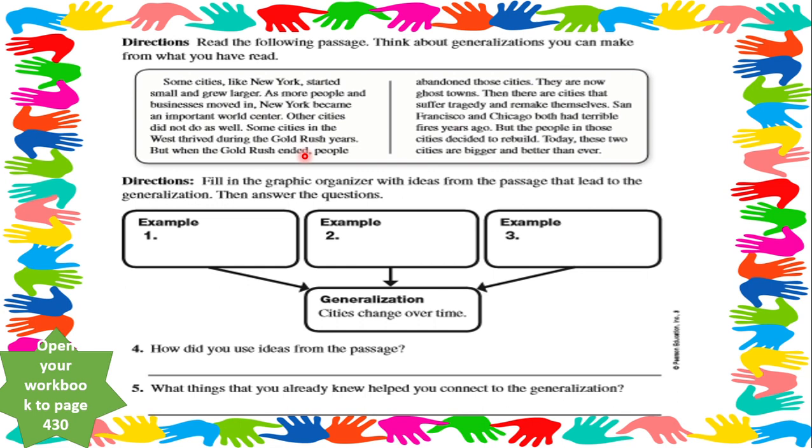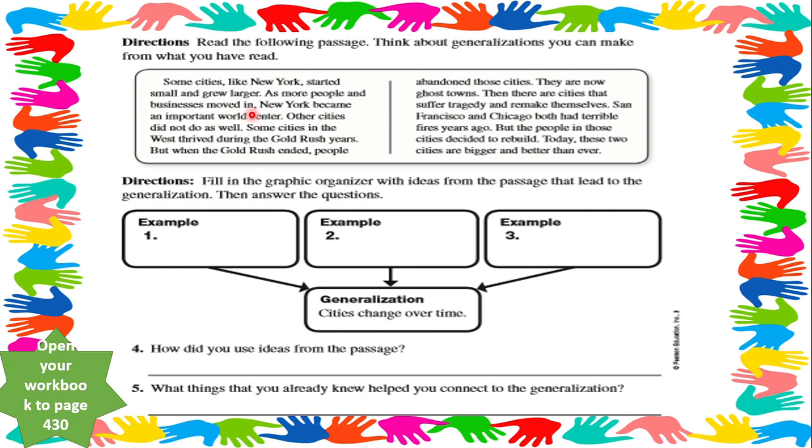Some cities, like New York, started small and grew larger as more people and businesses moved in. So there are some cities like New York. New York is a state in the United States. It started small and it started to become larger.